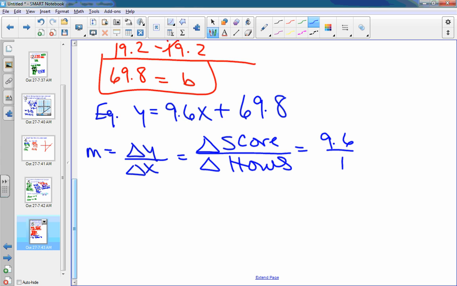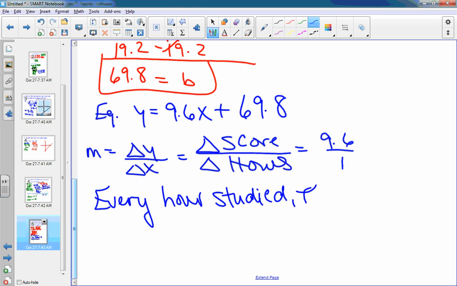What does that mean? Every hour he studies, his score increases by how many points? 9.6. So every hour studied, the score increases by 9.6 points.